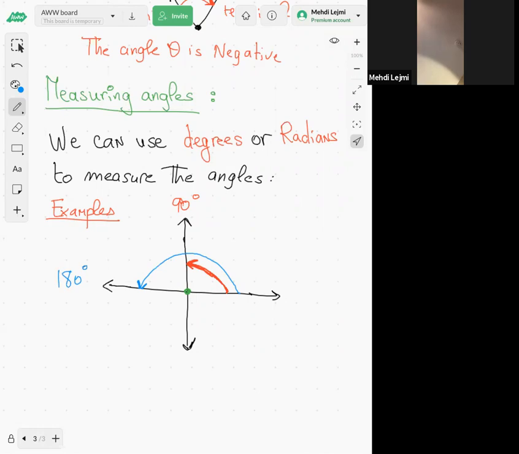If you go down here, it's 180 plus another 90 degrees, that will be 270 degrees, right?